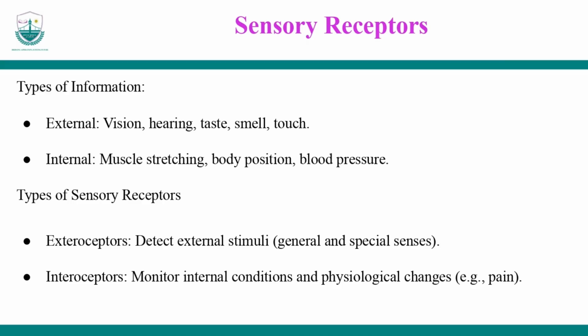So therefore, we can link this to that. The sensory receptors which can pick any changes that happen within the external environment are the ones that we call the exteroceptors. And then the receptors that can pick changes that happen within the body, we can call them interoceptors.